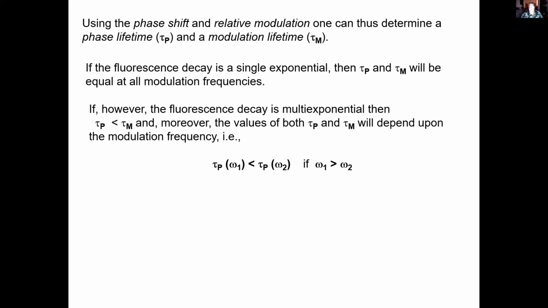If the decay is multi-exponential, though, tau phase will be less than tau modulation, except in a special case we'll mention later. Moreover, the values of tau phase and tau modulation will depend on the modulation frequency. The higher the light modulation frequency, the lower the tau phase and tau modulation will be.